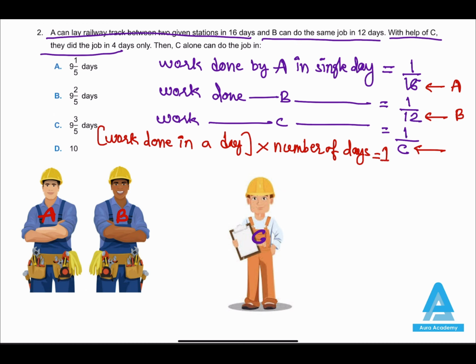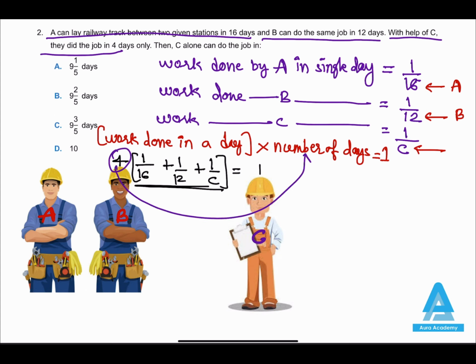So in this case, work done in a day is 1 by 16 plus 1 by 12 plus 1 by C, which is equal to 1. But don't forget to multiply with 4, which is the number of days. They worked 4 days. So this is the work done in a day, and this is the number of days. Now solve this and you will get the answer.